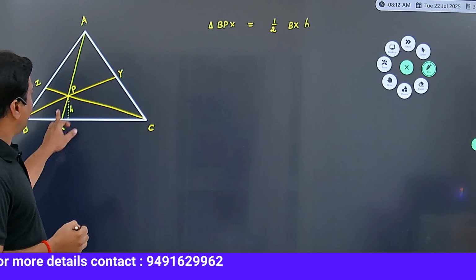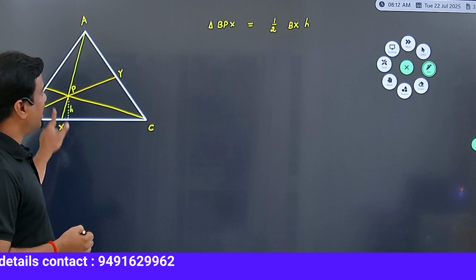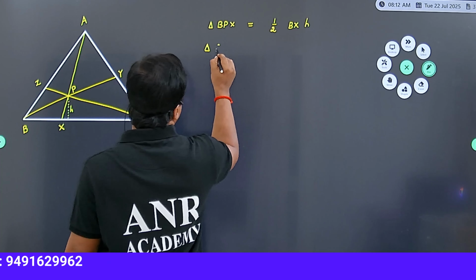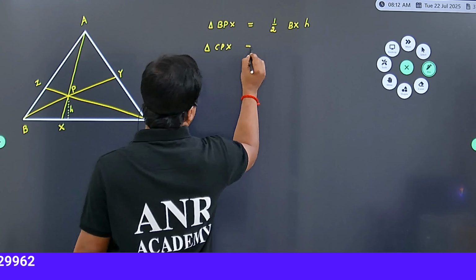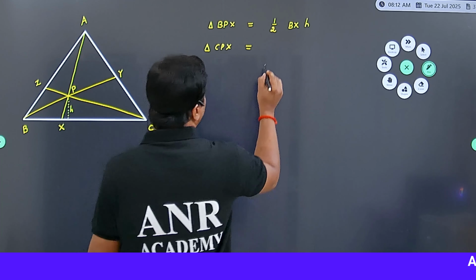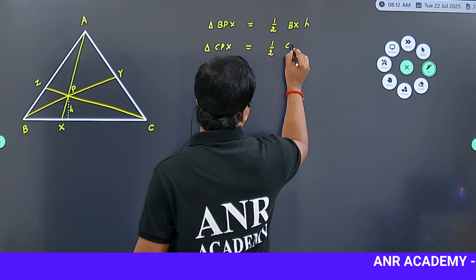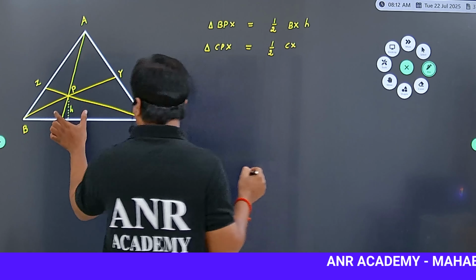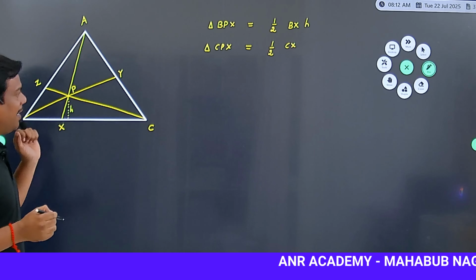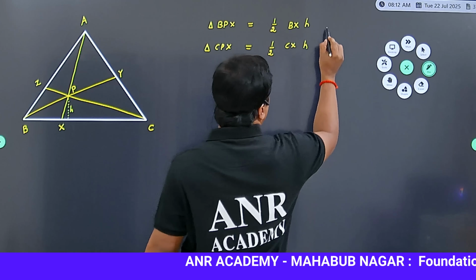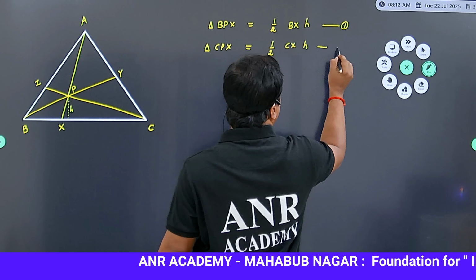Next I am going to write the area of XPC or CPX. Area of triangle CPX, that is half into base value CX. Both the triangles are of the same height, so here you have to write height h. This is result 1, this is result 2.